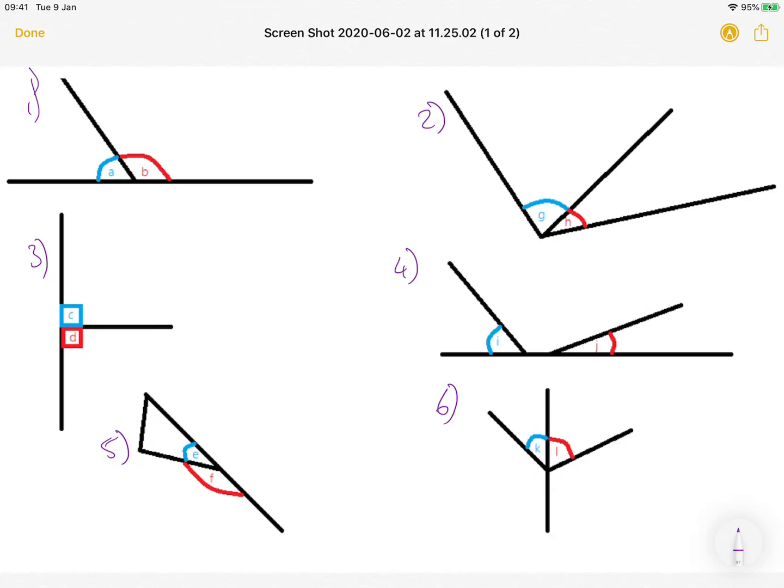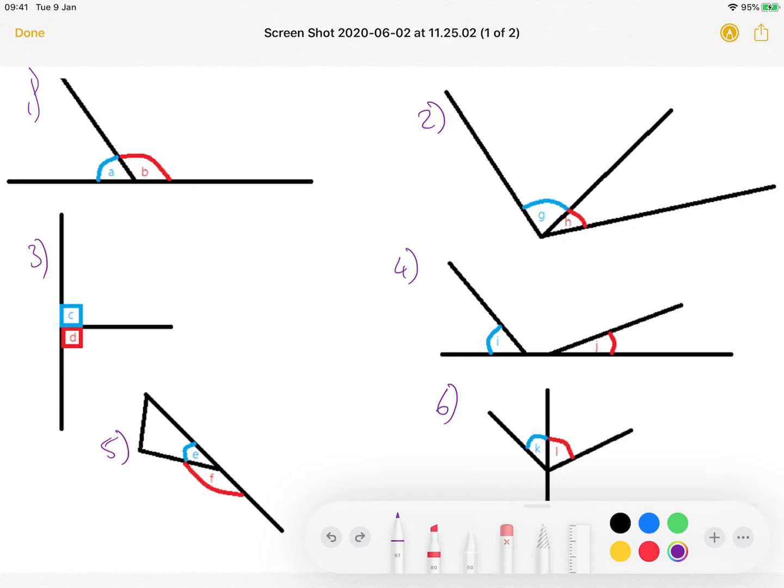So do you think the angles on that line equal 180 degrees? Is it an example? Is it a non-example of our fact that we know? So pause the video, have a go at it, and then I'll go through it now.